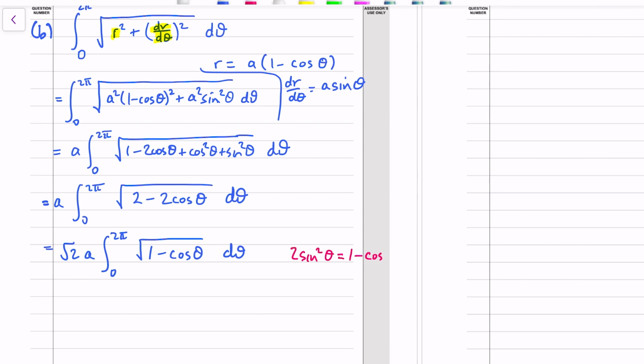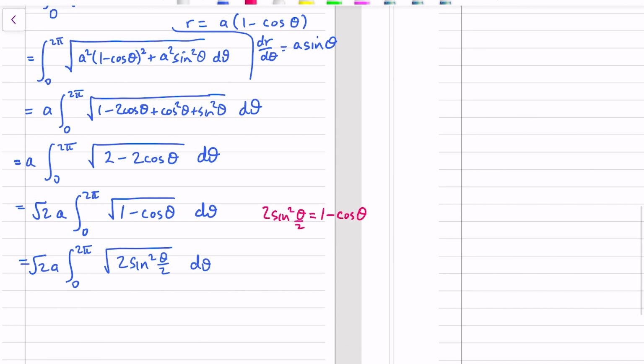I want it to be theta, so I've halved the angle, so I halve the angle on the left hand side. So 1 minus cos theta is 2 sine squared theta over 2. Got to decide, can I get rid of the square root and the squared? Do they just cancel each other?